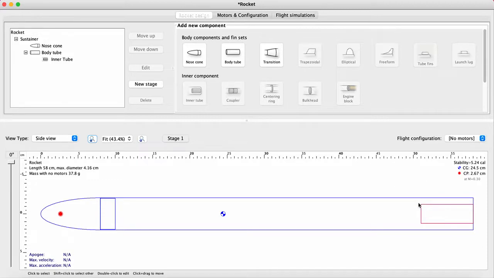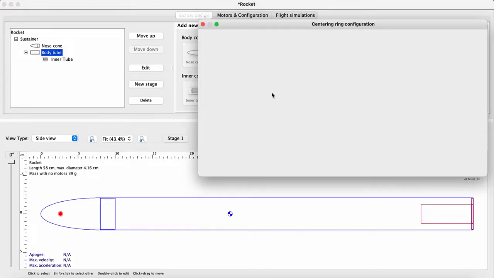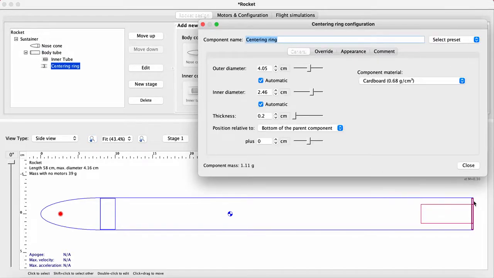So what you need then is centering rings, okay? And this went ahead and made one for us, right? The centering ring is going to have an inner diameter and an outer diameter, right? The inner diameter needs to be the same as the diameter of the engine mount tube so that it holds it, right? Because it wants to secure this engine mount to the body tube.